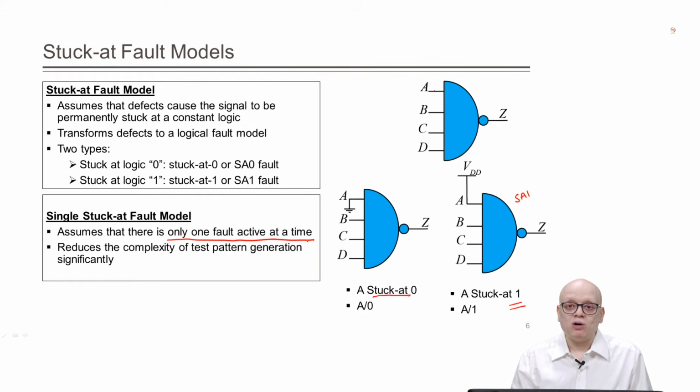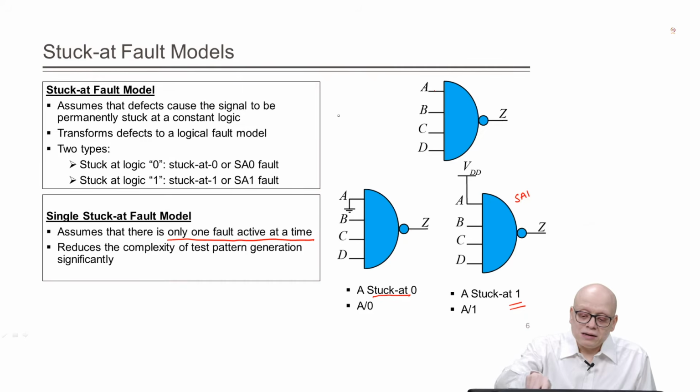On the surface it seems very unfair, because if there are millions of nets in our design and getting defects during fabrication is a random event, then we can have multiple faults simultaneously on our chip. So assuming that only a single fault is active at a time may not be correct.